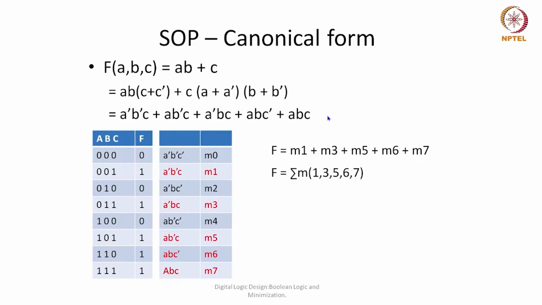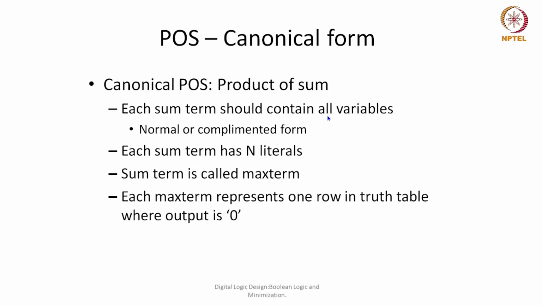Similarly, the other canonical form is called product of sum. It is the dual nature of Boolean expression, that anything which can be represented as sum can also be represented as a product. So here we have product of sum, meaning each sum would be considered as one term, and because it's canonical or standard in nature, each sum term should have all the variables present either in the normal form or in the complemented form.